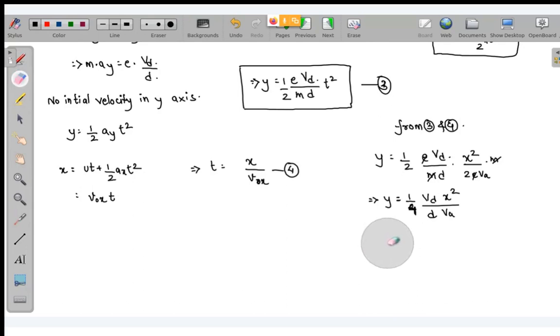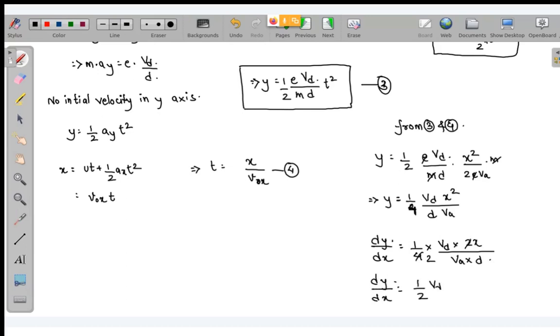So now let us calculate dy by dx. That will be equal to 1 by 4 into Vd into 2x divided by Va into d. The 2 cancels, so dy by dx is equal to half Vd x by Va into d. Tell me, is this clear or not?